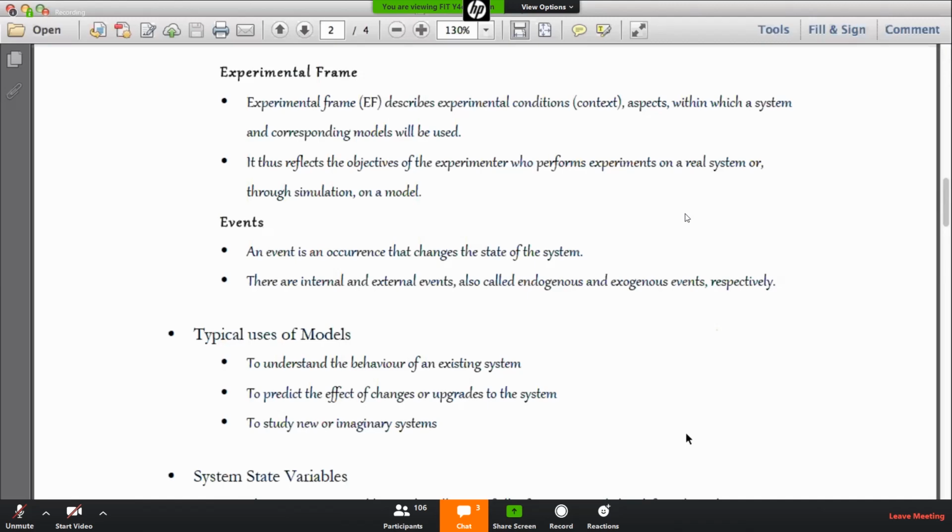You may want to study new or imaginary systems, and this is quite often used. For instance, when you do not know how things are going to happen, you can use models to hypothetically infer how it's likely to produce things differently.